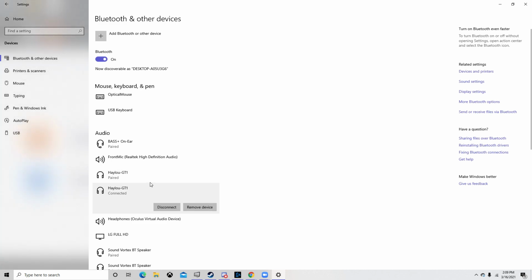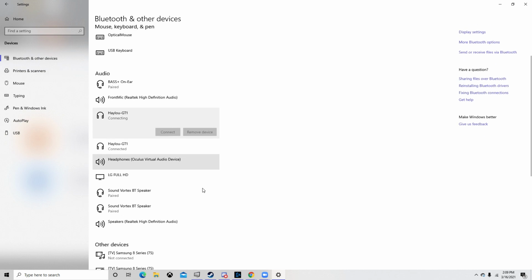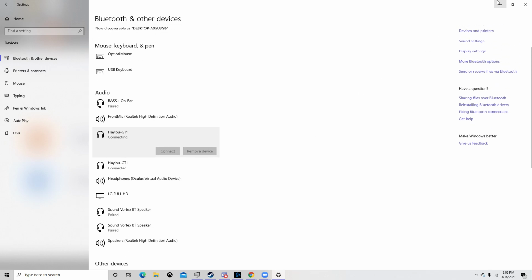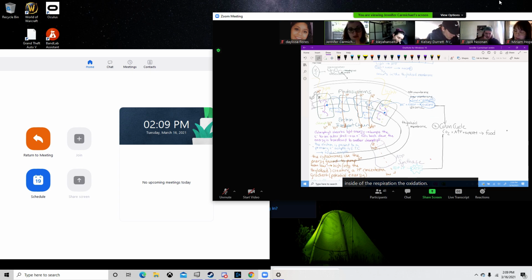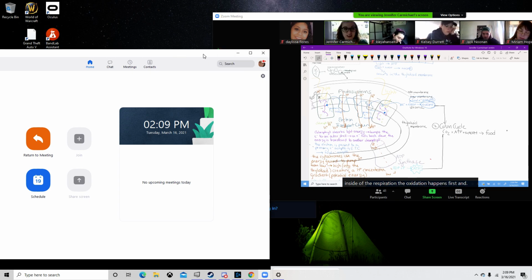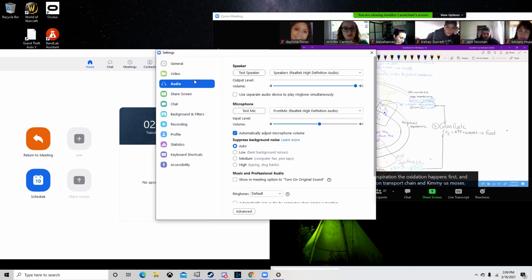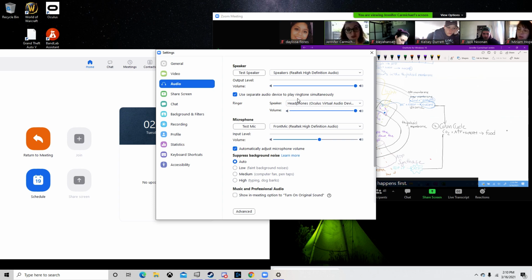What I hope that you're starting to see, as more and more of this is entering your brain and your brain is processing this, is that it's all the same pieces. In cellular respiration, the oxidation happens first, and then the electron transport chain and chemiosmosis. In photosynthesis, the reduction happens first, right? We're reducing, well, actually, we're oxidizing water, sorry.